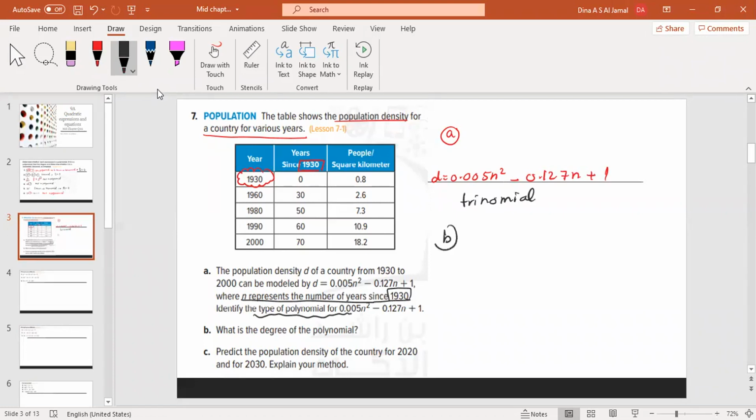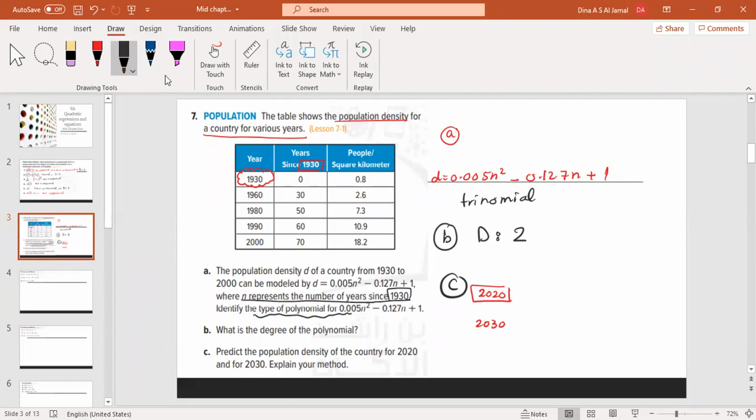What is the degree? So your degree, you should look at the highest power. So 2. Now let's go to C. Predict the population density for 2020 and 2030. So let's just solve one of them and you will know how to solve the other. So each of them will be having your n, and they calculated the n already since 1930.